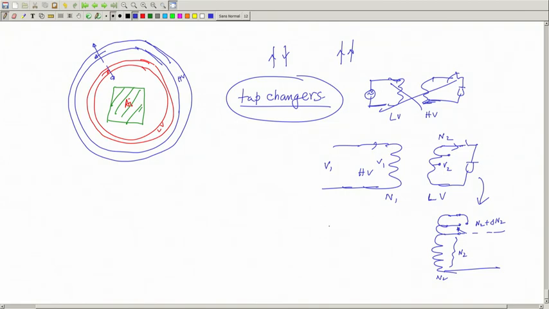Listen to me carefully. On the LV side, I have made an arrangement to increase the turns. Applied voltage is fixed. When there was no load, this switch was open, this voltage was fine, this is my actual secondary. But when you connect a load here, this voltage falls a bit, and you want to compensate.